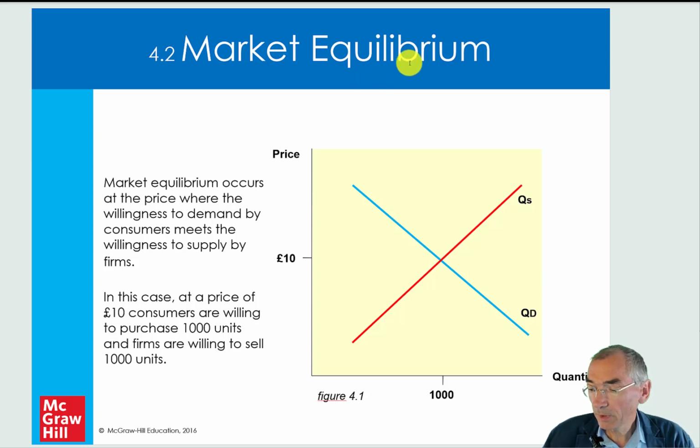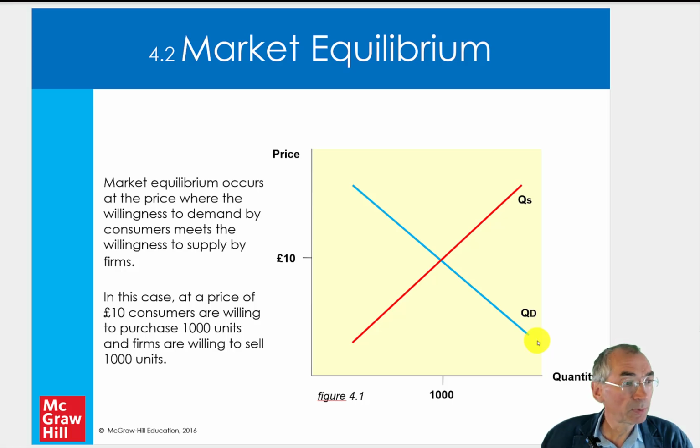You can see here figure 4.1, that's the first figure from chapter 4. So we come back to this later when we talk about chapter 4. And today we focus on the first half, quantity demanded, the demand function, the demand decision of people.